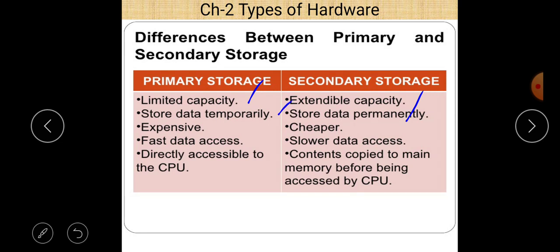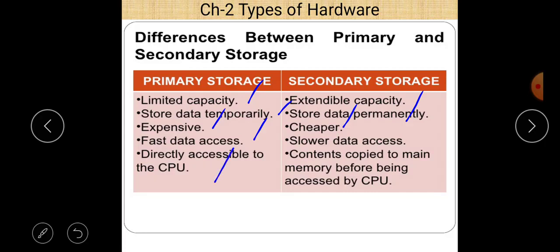Primary memory is much more expensive compared to secondary memory. We can get fast data access using primary storage, when we do a read or write operation on a memory. And next is the most important point, directly accessible to the CPU.